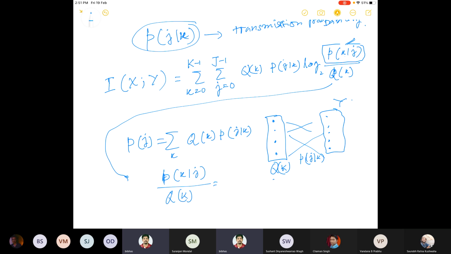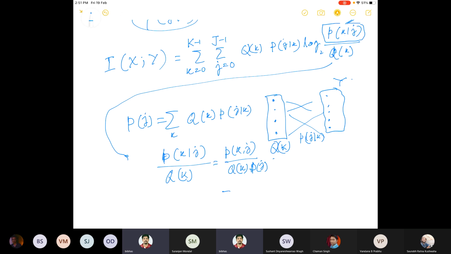This is nothing but p of kj, the joint distribution, by qk times pj. The same thing I can write as p of jk by qk pj, which is the same thing as probability of j given k by probability of j. Is that okay?